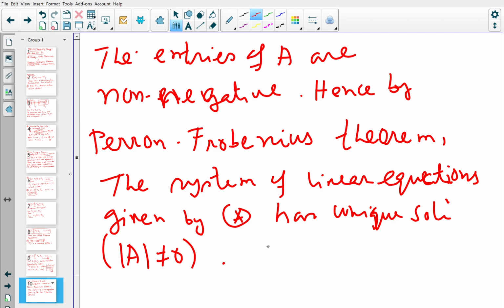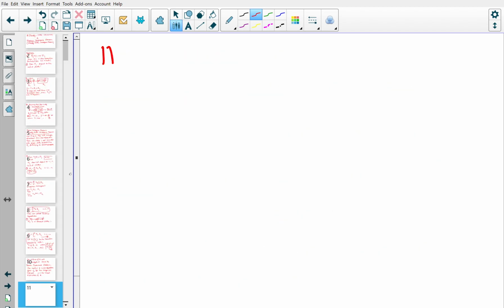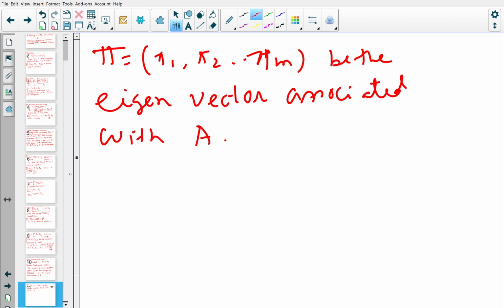You can understand that one is the largest eigenvalue of A. And then pi, say pi 1, pi 2, pi m, is the eigenvector associated with 1, a kind of generator of the eigenspace corresponding to 1, right?